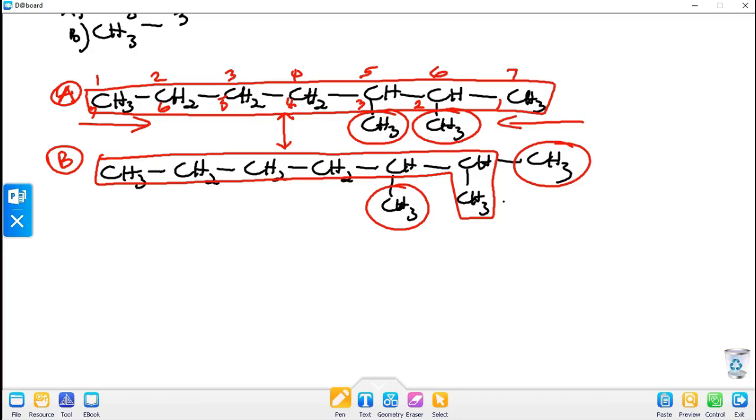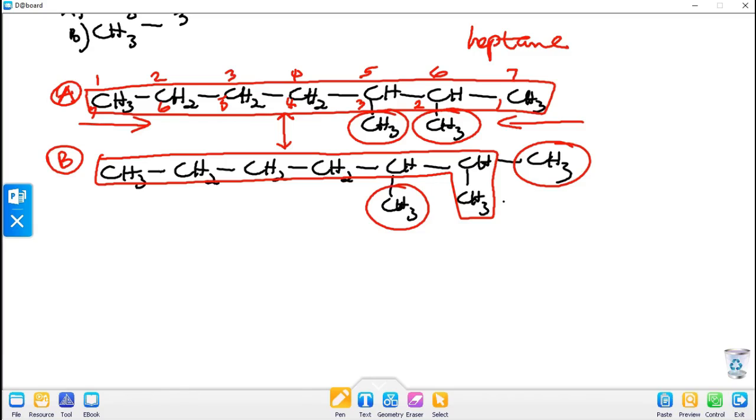Having seen that, let us now take a look at the name. What therefore will be the name? The parent chain is 7 carbon atoms, and 7 carbon atoms is heptane. Since 7 carbon atoms is heptane, the next thing to ask is, what are the side chains?